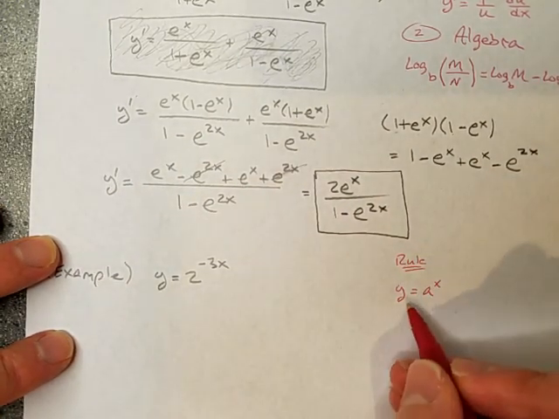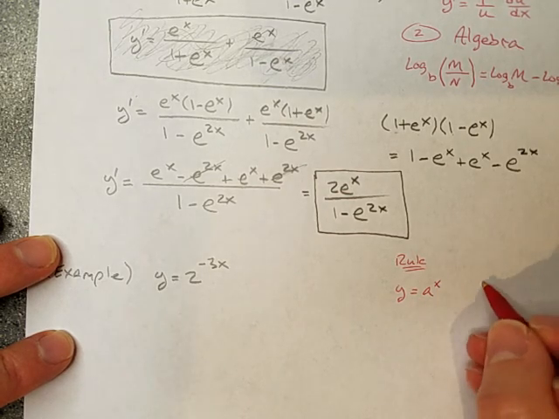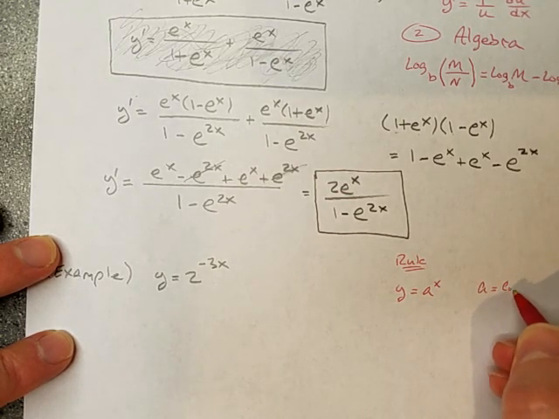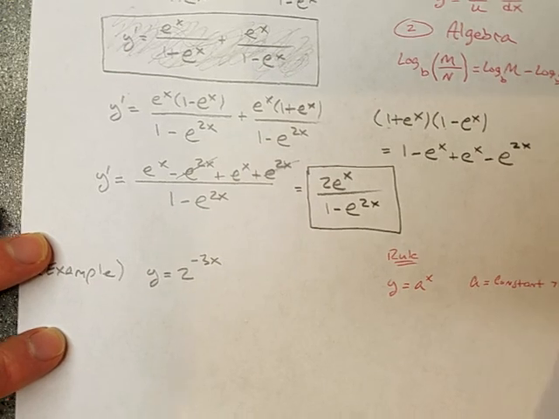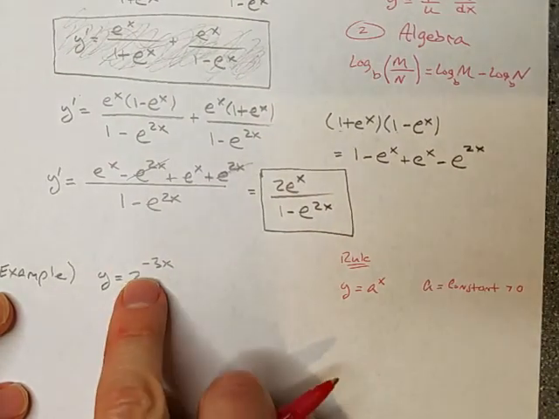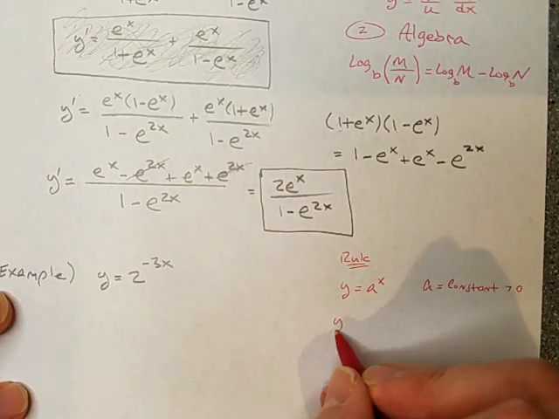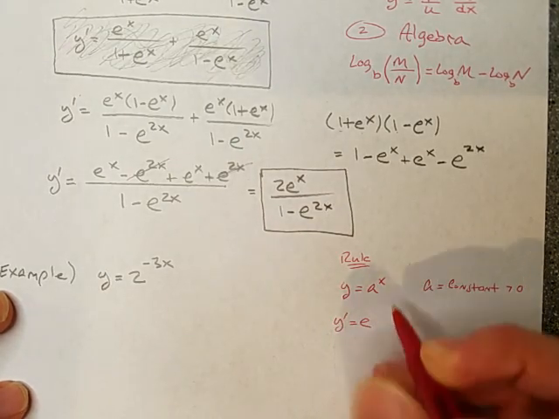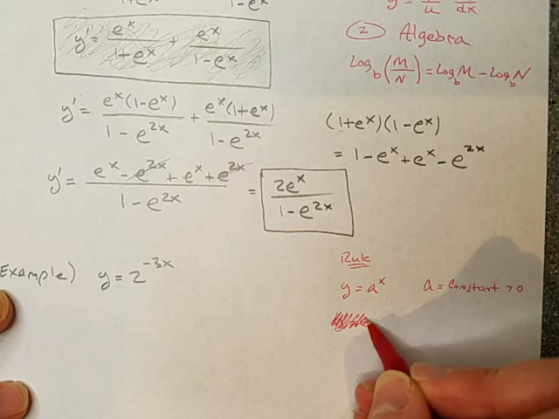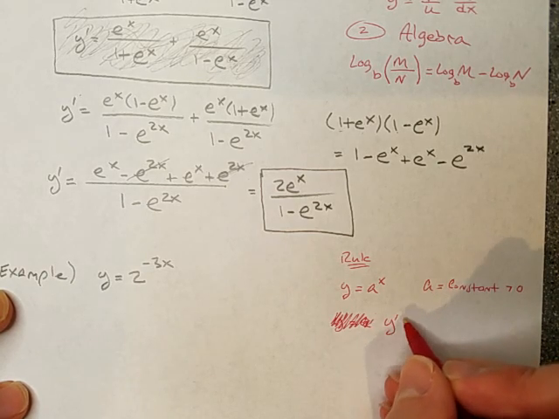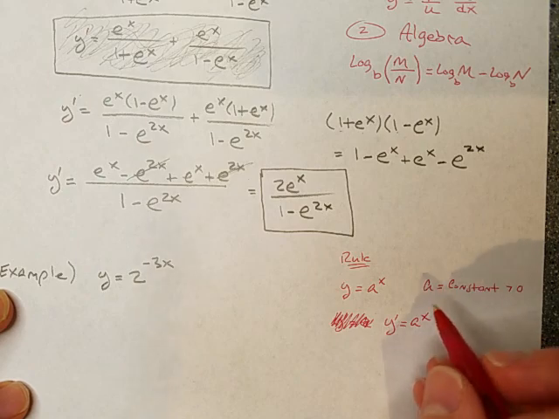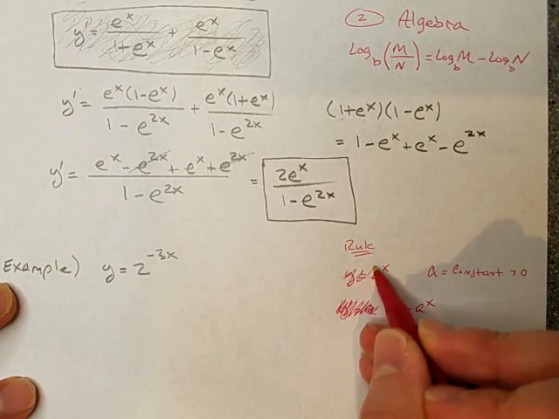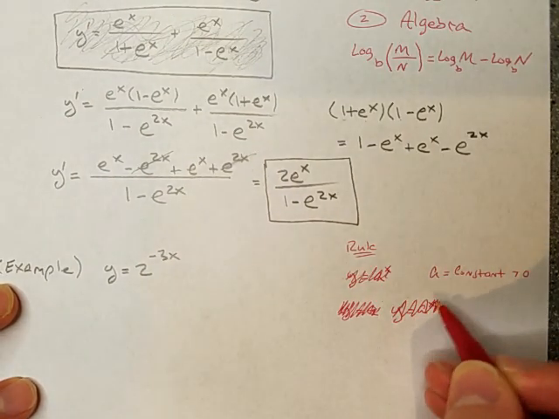So let's establish a rule for that. The rule for y is equal to a to the x power, where a is some constant that is positive, let's say, like 2. Then y prime is going to be... Okay, I needed to put u.